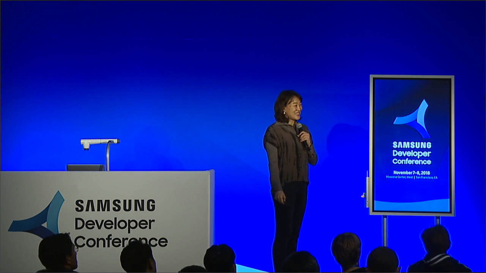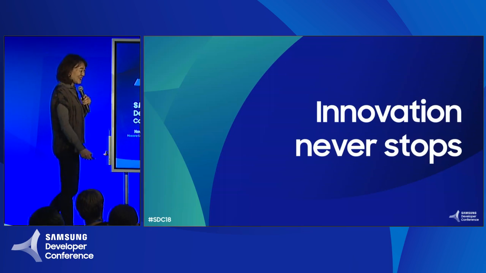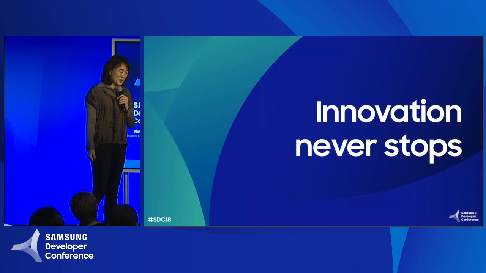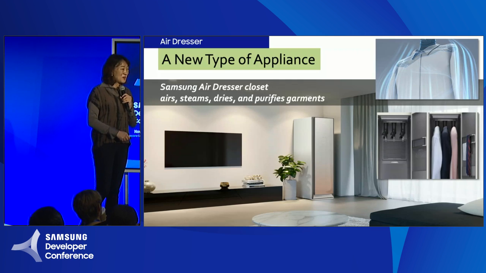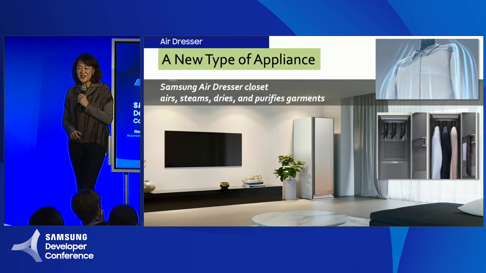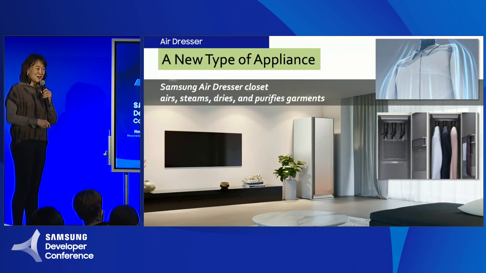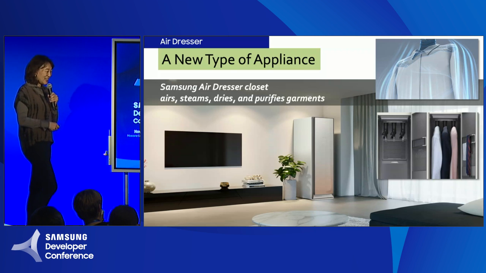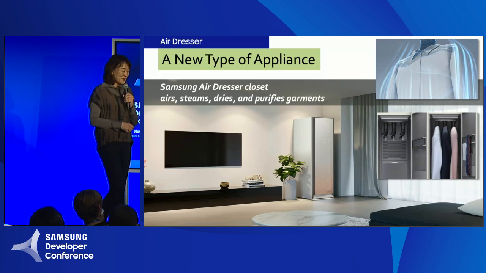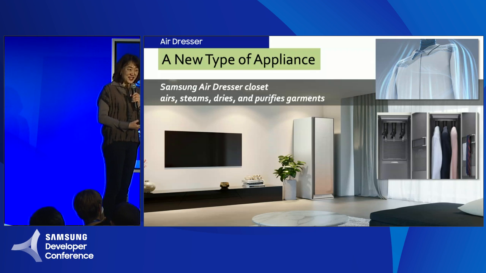Okay, but the innovation never stops, right? So I'm going to introduce a new appliance that has been introduced, unfortunately, only in Korea. This is a new appliance called the air dresser, a closet that airs, steams, dries, and purifies garments.